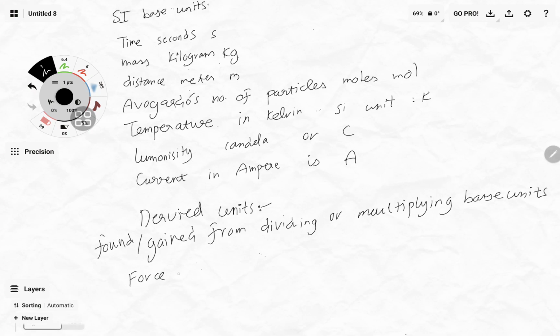which is basically mass multiplied by acceleration, which would be kg m s^-2, which is basically kg multiplied by distance over time squared. This is how questions will appear in the exam.